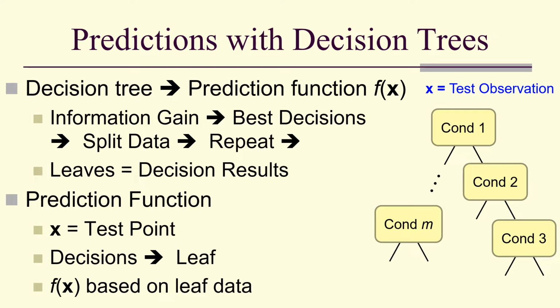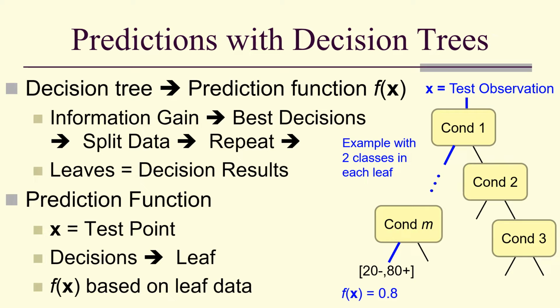So once I get through the tree, I use the leaf that I end up with as a prediction of whatever that observation is. For example, if we had two classes in each leaf and we ended up in this leaf, then we would say f of x is 0.8, a Bayesian confidence of 0.8 that it's positive.